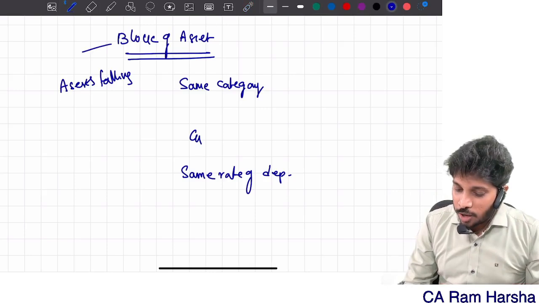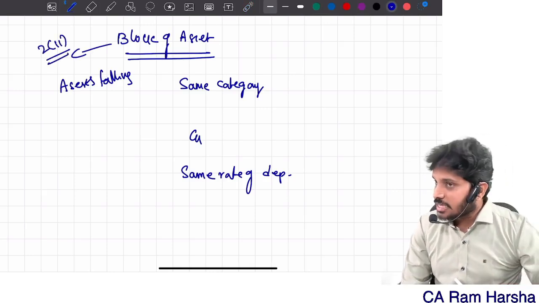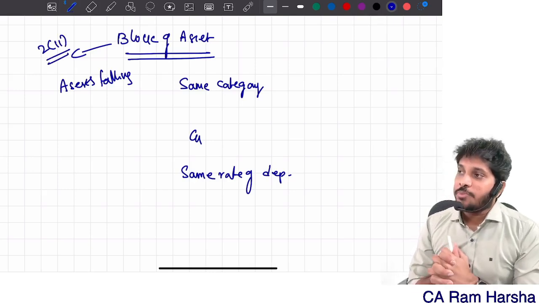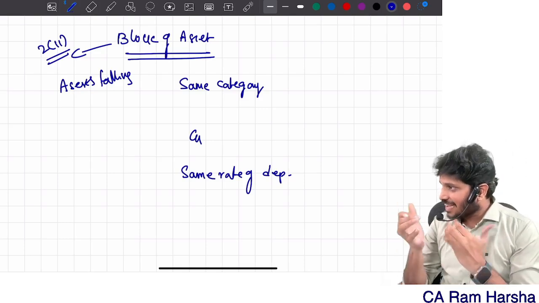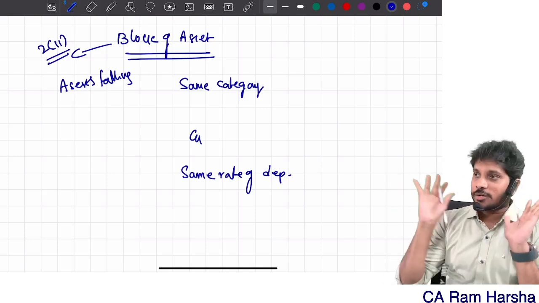This is called a block of assets, which is explained under section 2 clause 11. There is a section that explains what you mean by a block of assets: assets falling under the same category and carrying the same rate of depreciation is called a block.